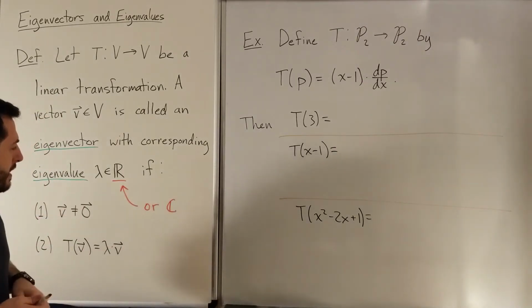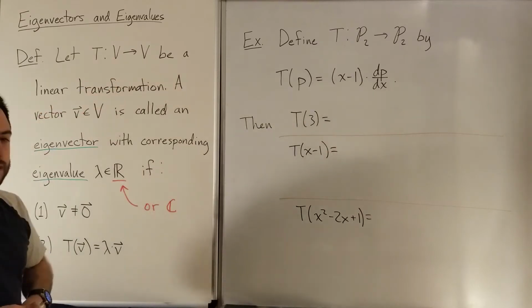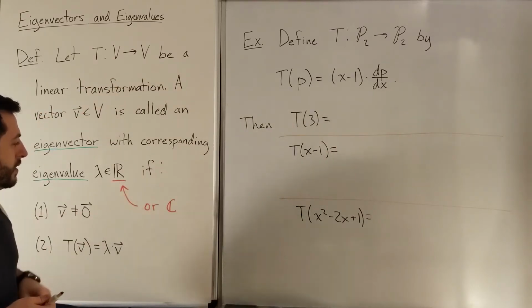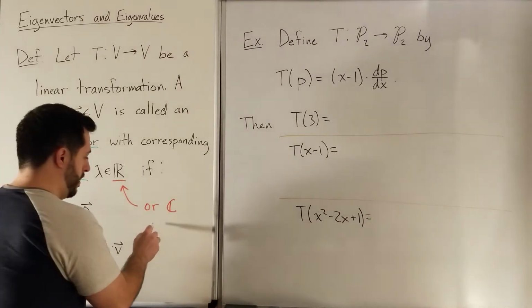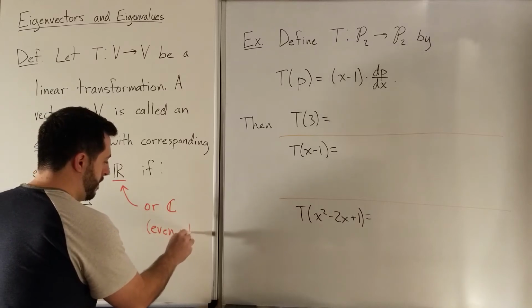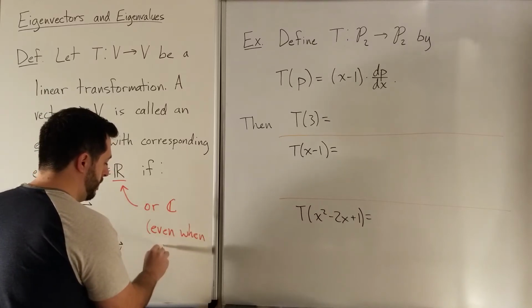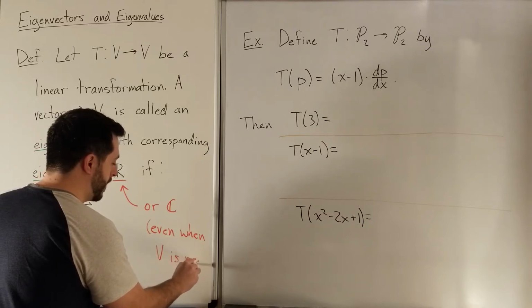But here I mean something slightly different. Here I mean even if V is a real vector space, it still will be useful to consider complex values for lambda. So even when V is real, we still want to look at complex eigenvalues.